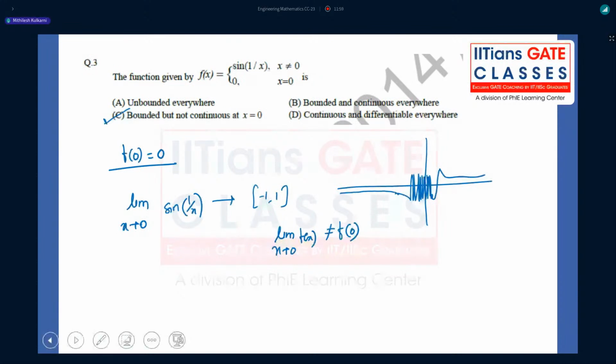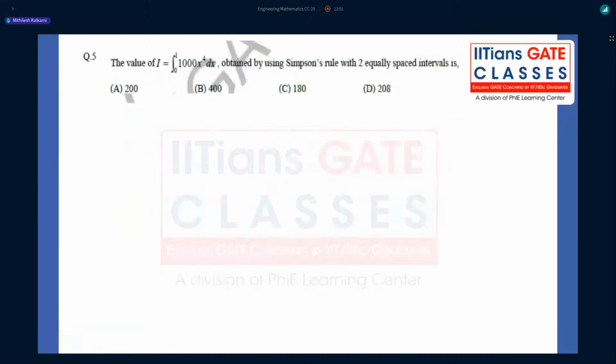Coming towards the next question. This is from numerical methods, Simpson's rule formula. Here we have to solve the integration I from 0 to 1 of 1000 x raised to the power 4 dx, and obtain the solution by using Simpson's rule with two equally spaced intervals.